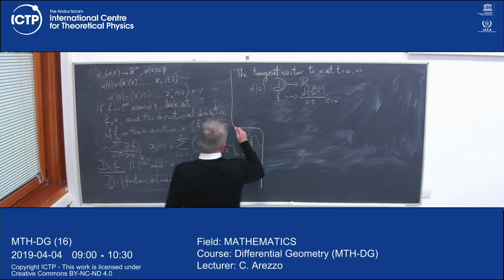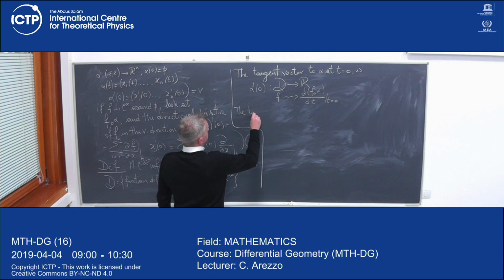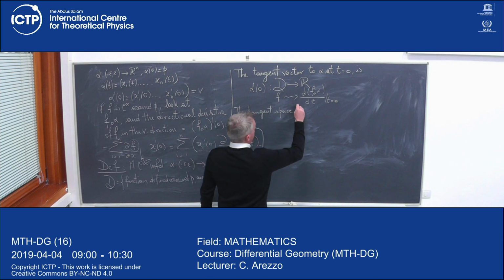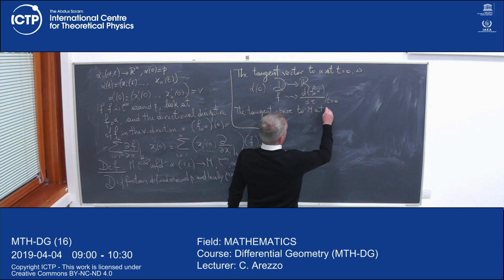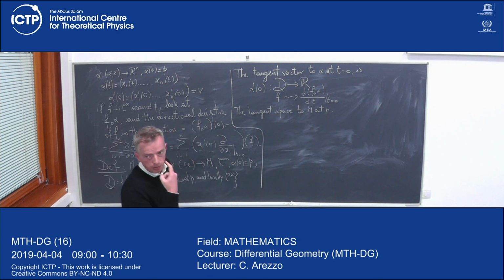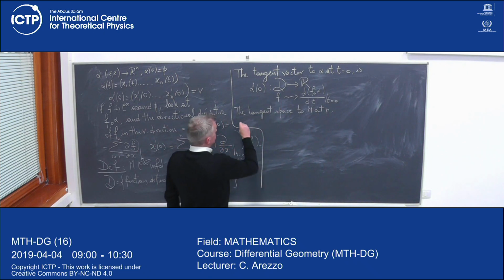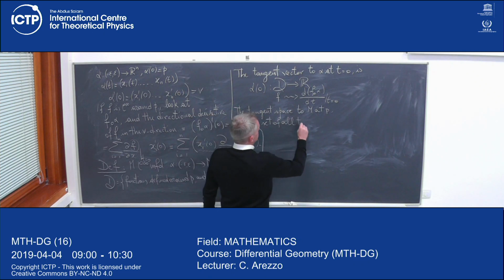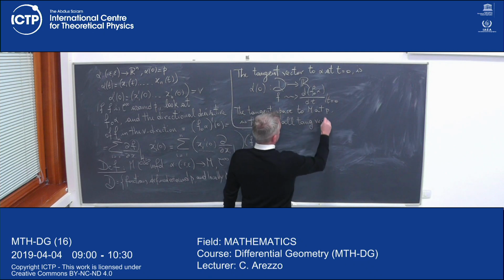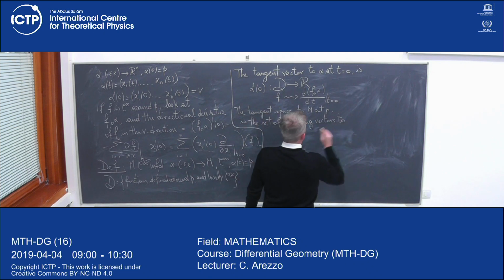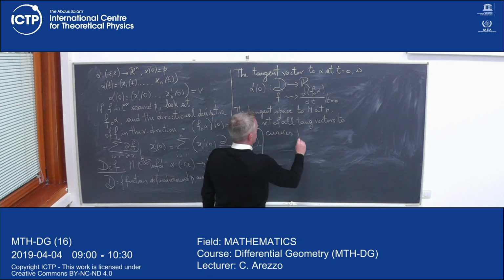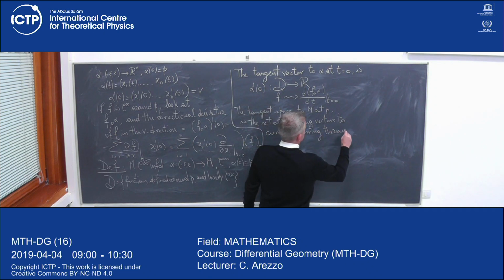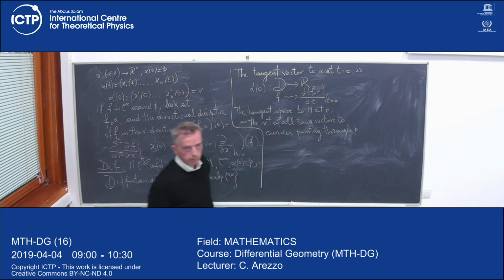So the tangent space to M at P is of course just the set of all possible tangent vectors to curves passing through P. Okay.